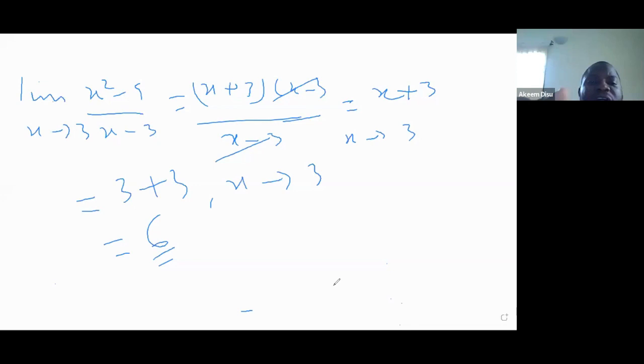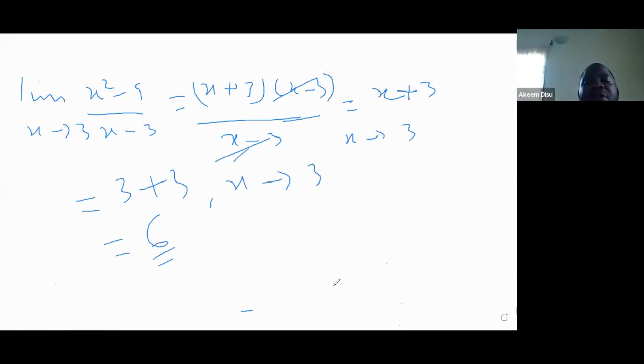Then we now expand algebraically. Since x squared minus 9, the expansion of the difference of two squares is x plus 3 brackets x minus 3. If you multiply the two out, we are going to have x squared minus 9 all over x minus 3.